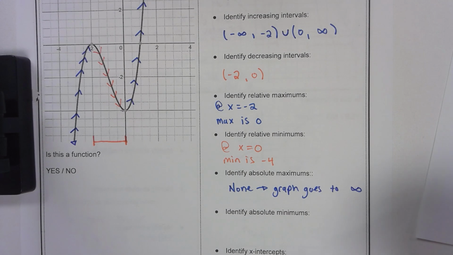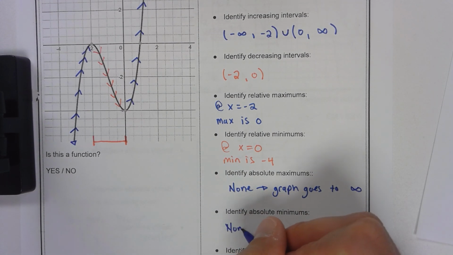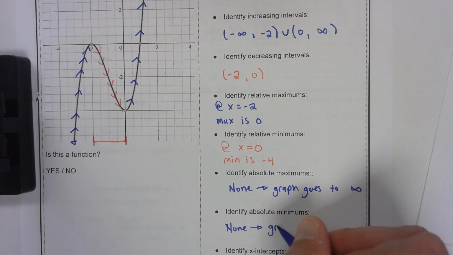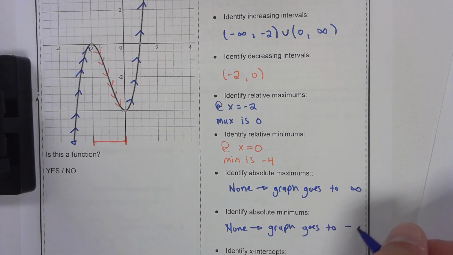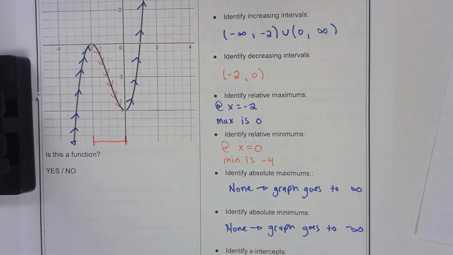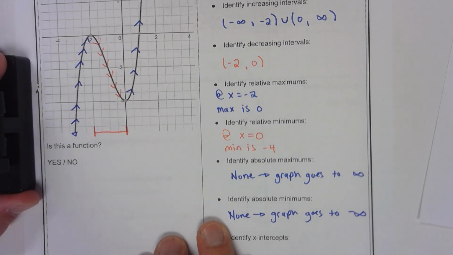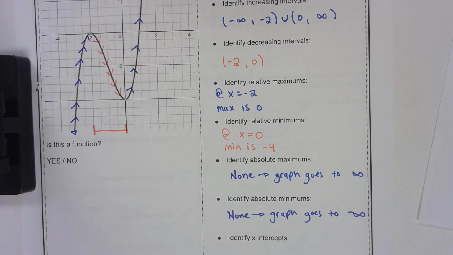Minimum, same thing, none, because the graph goes to negative infinity. So it has to be a place that we can reach for it to be a maximum or minimum.